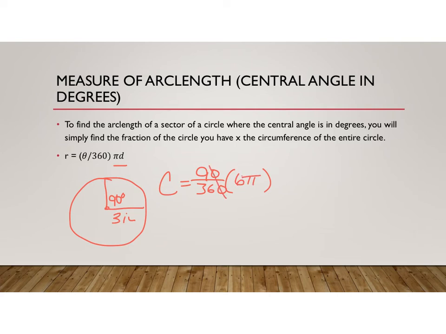I could cancel the tens. 6 goes into 36 6 times. 3, 9, 6 is like 3 over 2. So it basically would be 3 pi over 2. That would be the exact answer, but if I multiply it out, it's approximately 4.7 inches. That's the arc length. That would be this length right here, 1/4 of the entire circle.